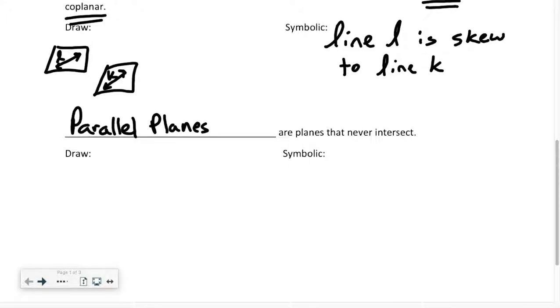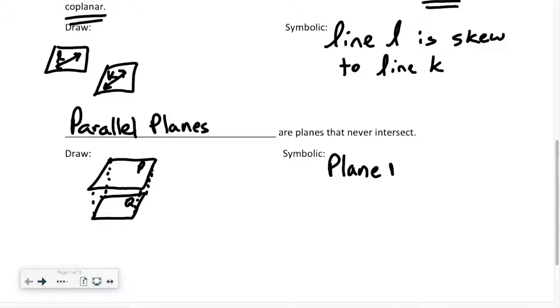And so if you're going to try to draw a representation here, again using that parallelogram type shape for your planes, you can imagine that these planes, like the ceiling and the floor, are parallel. Let's name our planes P and Q. All right, and so symbolically, very similar to the parallel lines, except we use plane P parallel to plane Q.